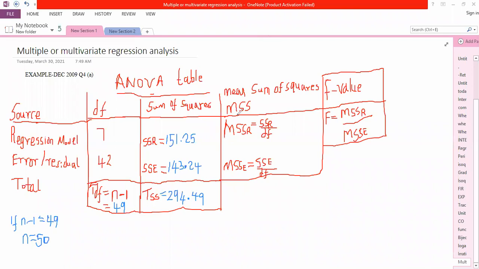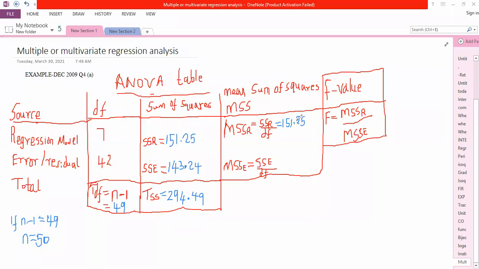But now we don't have the mean sum of squares for the regression as well as the error term. We can compute this by taking the sum of squares for the regression model, which is 151.25.